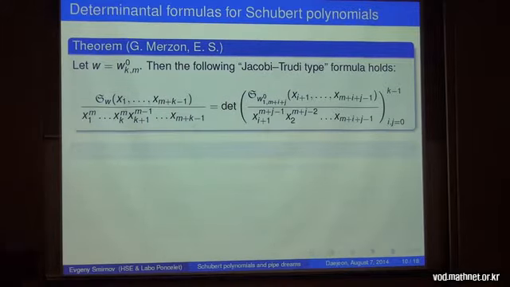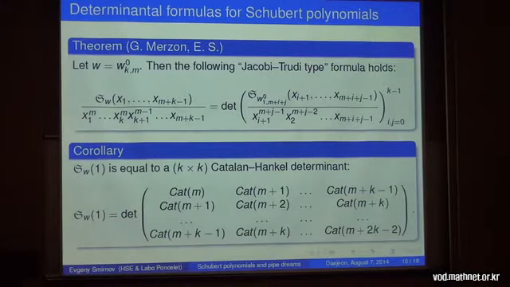So I just propose you compute the value of these functions at 1, and fortunately all the denominators vanish, and you get the following nice expression for the number of pipe dreams corresponding to this permutation. This is the determinant of such a Catalan-Hankel matrix.